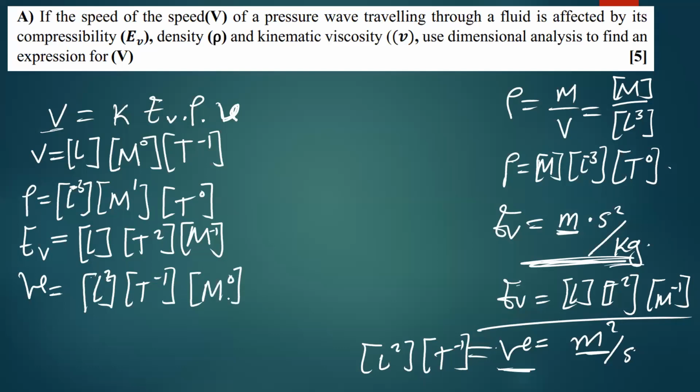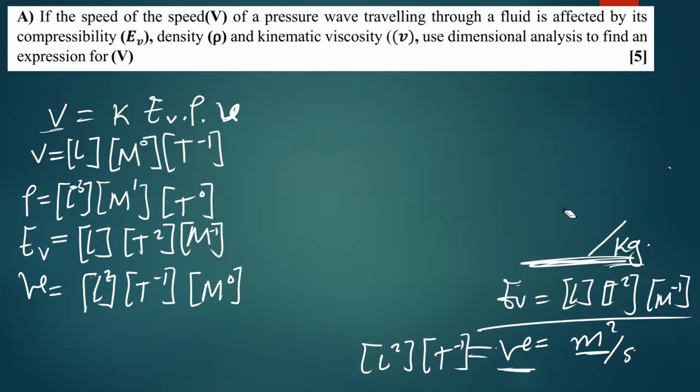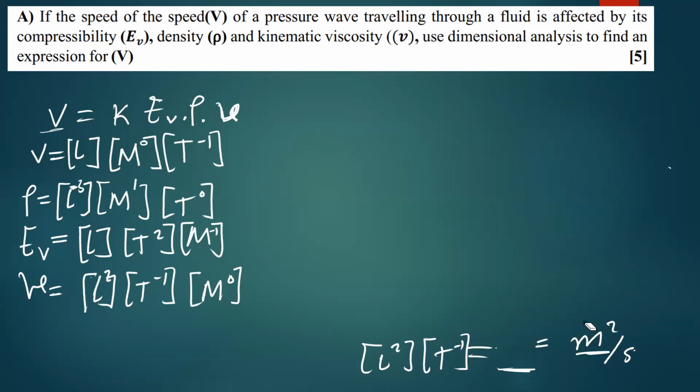Okay, so I found all the dimensions. We're trying to find the formula for the speed of a pressure wave traveling through a fluid. So now let us find that formula. What is that formula? We are imagining that we don't know the formula, and we need to find it.